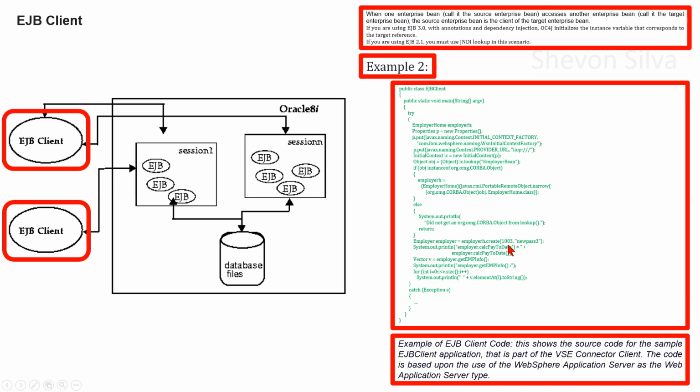In this example, employer.class. In this example, employee number and password are taken from the EJB sample provided with the VSE connector client, which also provides the utilities to fill the sample VSAM cluster with some simple sample data.